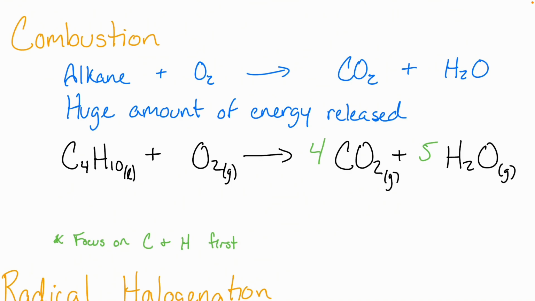Now I can go back and total up how many oxygens I have, right? So on this side over here, I have 8 from the carbon dioxide and 5 from the water, bringing me a total of 13.